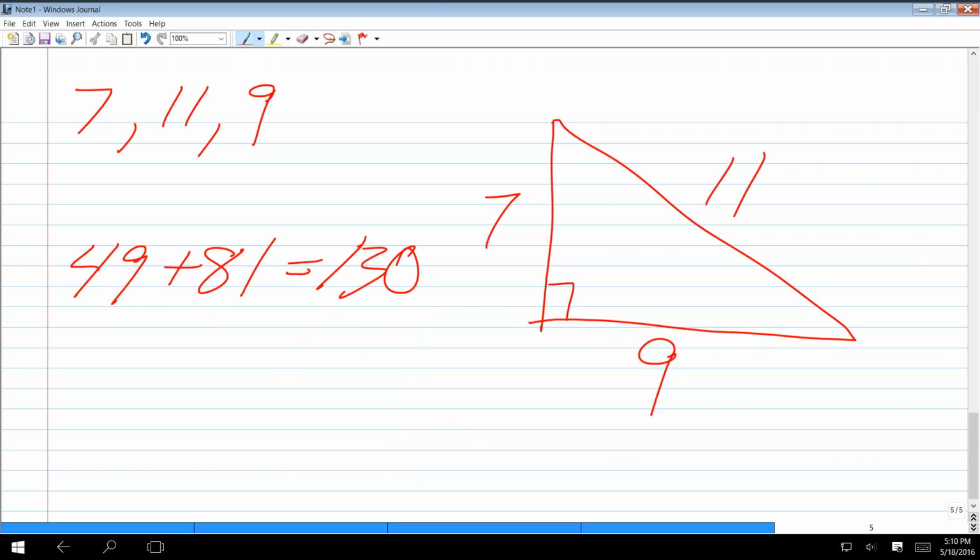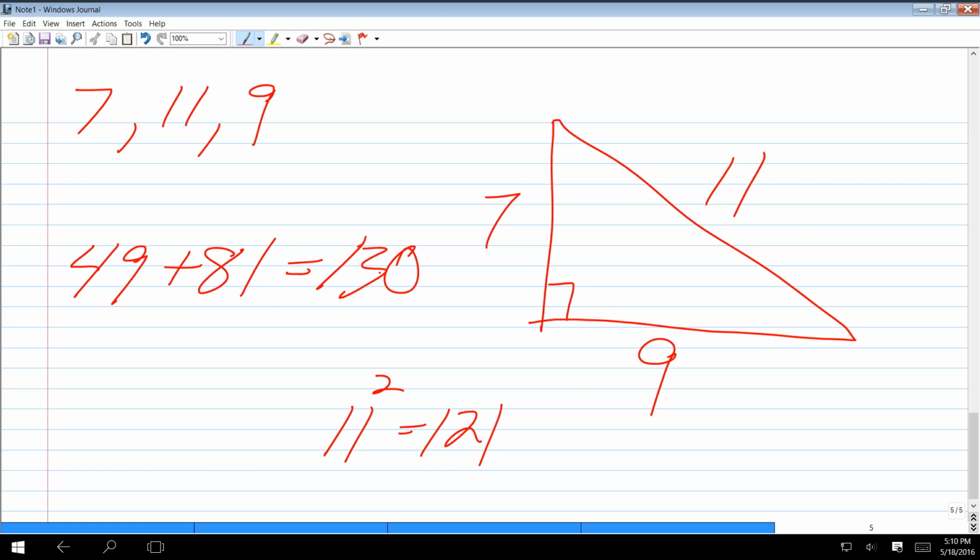Well, not to make it equal, because it doesn't equal that. Well, put it in, make it right, but 11 squared is 121. So if this was a right triangle, this would have to be 121.